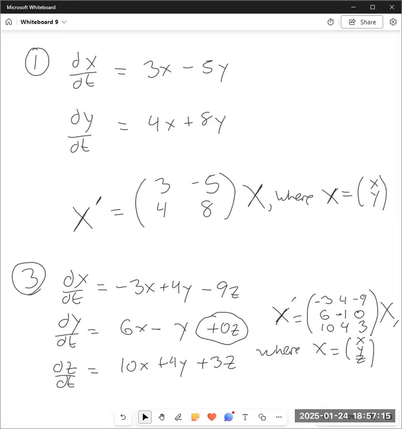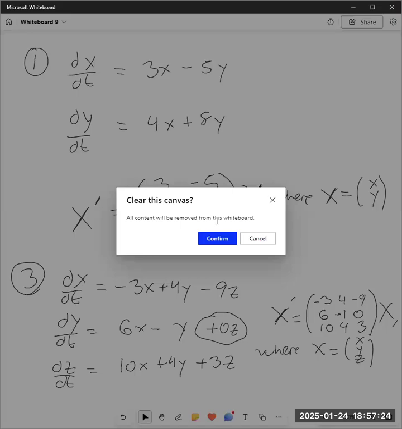Let's move on to one that has a little extra added to it. Let's look at number 5. Number 5 says that we have dx/dt is equal to x minus y plus z, and now we've got plus t minus 1. So remember, we're differentiating with respect to t.